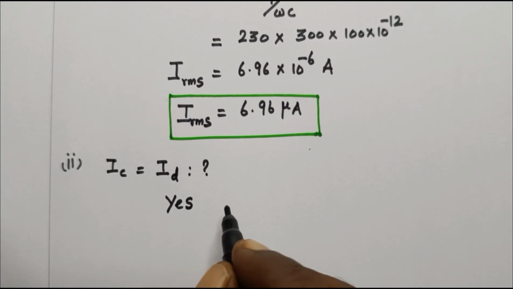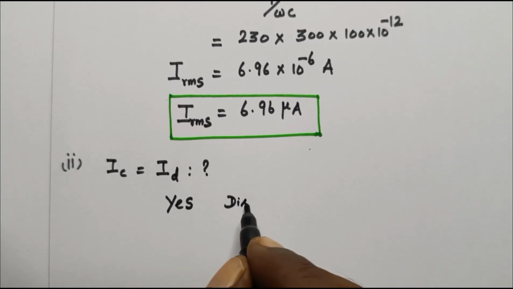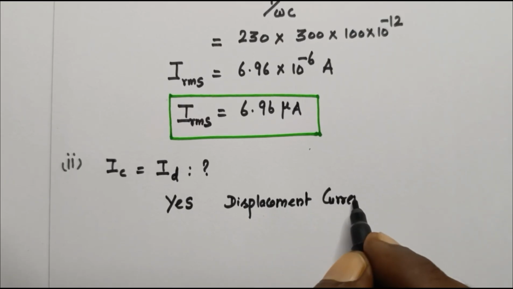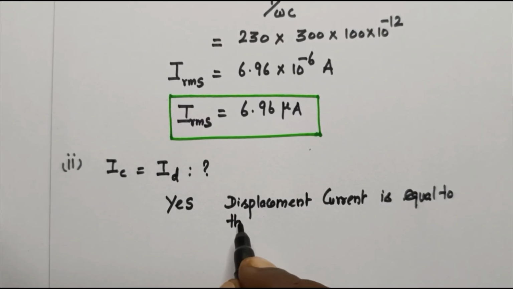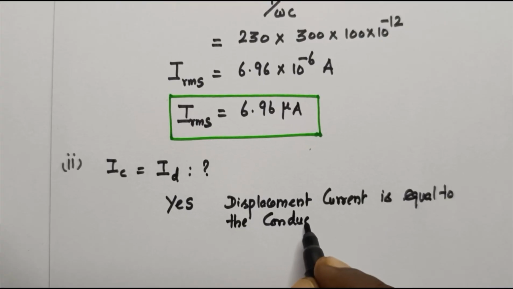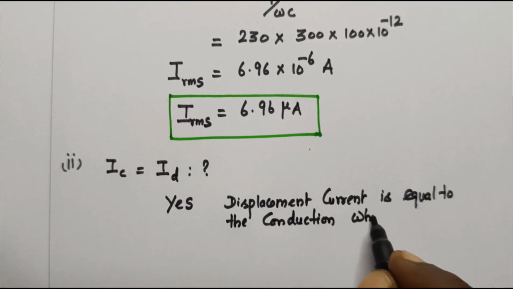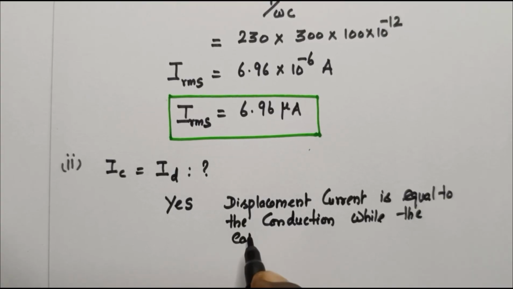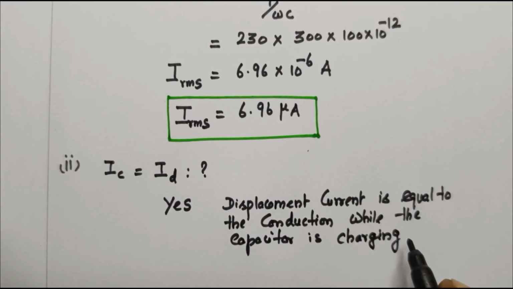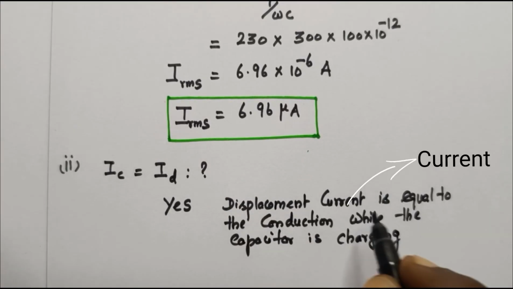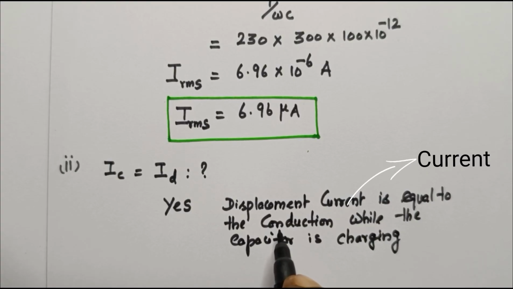We have proved that the displacement current is equal to the conduction current while the capacitor is charging as well as discharging. We have proved this, conduction current is equal to the displacement current, in the previous problem 8.1. If you want, you can refer that.